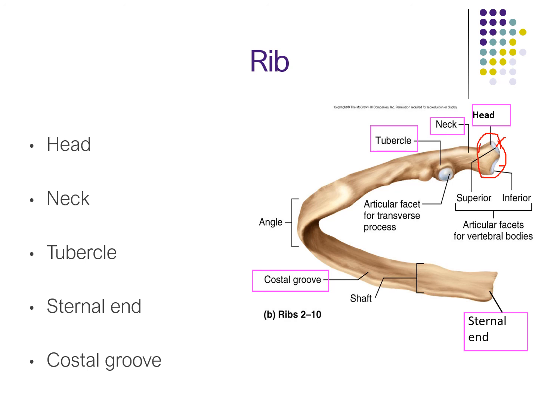You have the neck portion, which is right in here, your tubercle with an articular facet for the transverse process, the angle, the costal groove, the shaft, and the sternal end, where it connects up to your sternum.